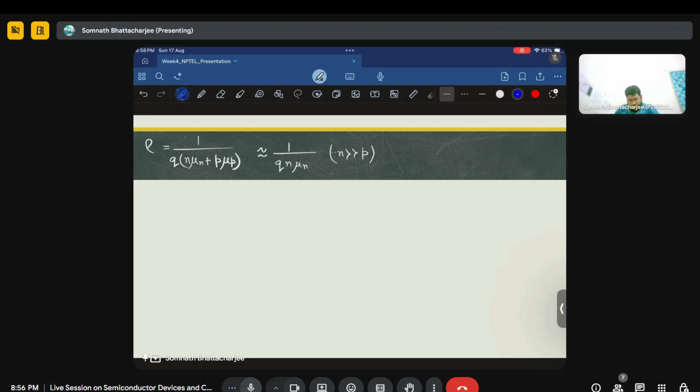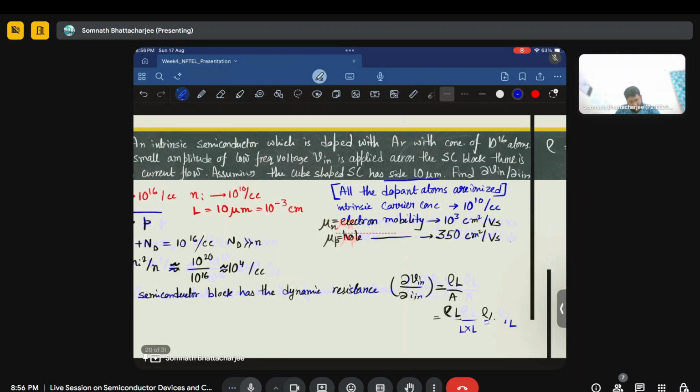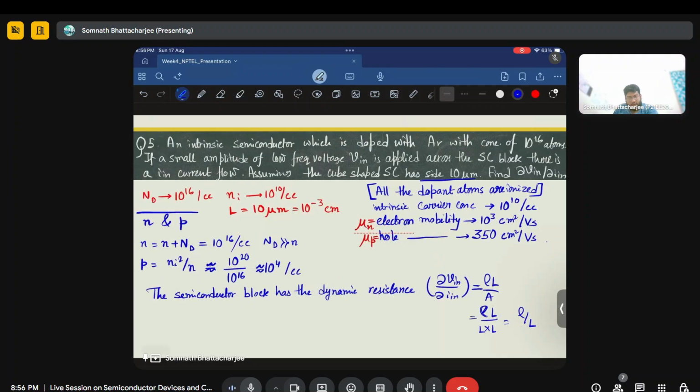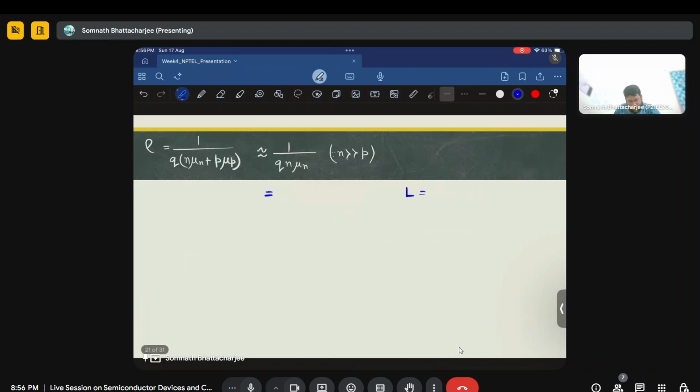Based on this, we have to calculate the value of rho, and we also have the value of L, which was 10 to the power minus 3 centimeter. Now we can just put the values there: dVin by diin, that is rho by L. Let me put the values.